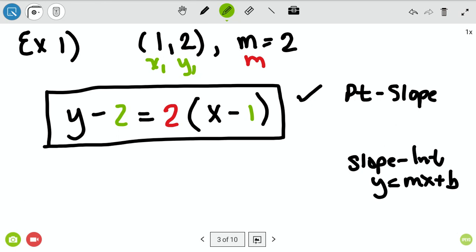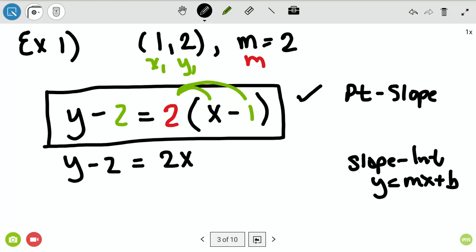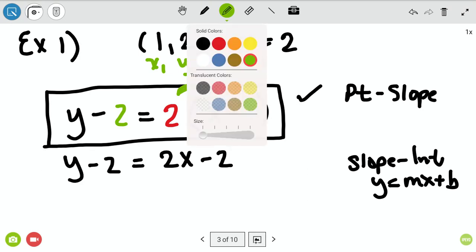We know to start manipulating and moving things around, the first thing we do is distribute. So when we distribute, we get y minus 2 equals 2 times x, which is 2x, and 2 times negative 1 is negative 2. We still want y equals mx plus b, so we have to move that negative 2.